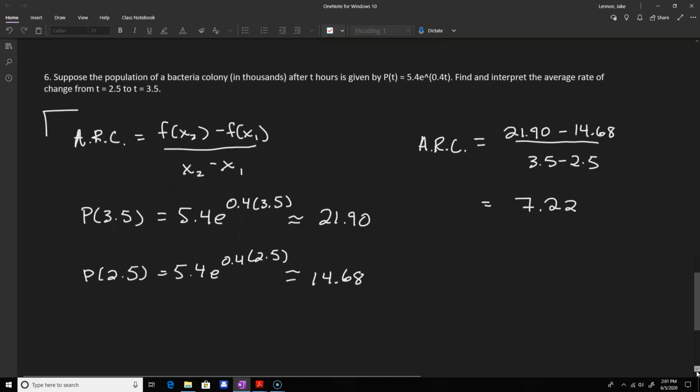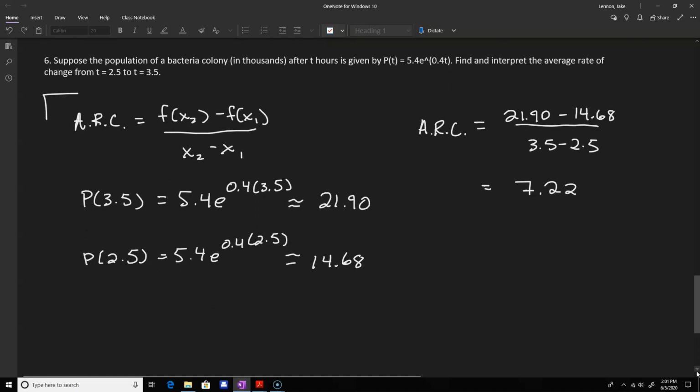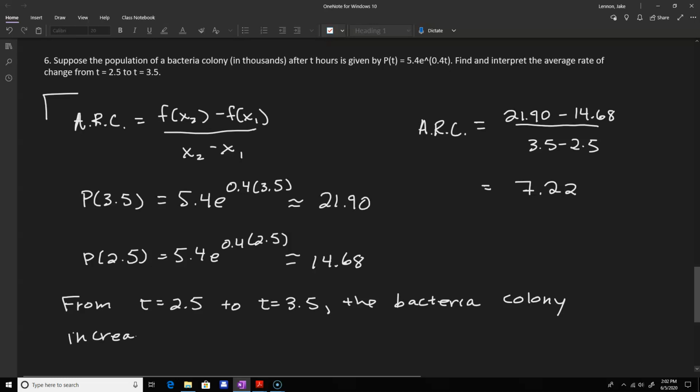Okay, so basically during the interval from t equals 2.5 to t equals 3.5, the bacteria colony increased on average by 7.22 thousand per hour.